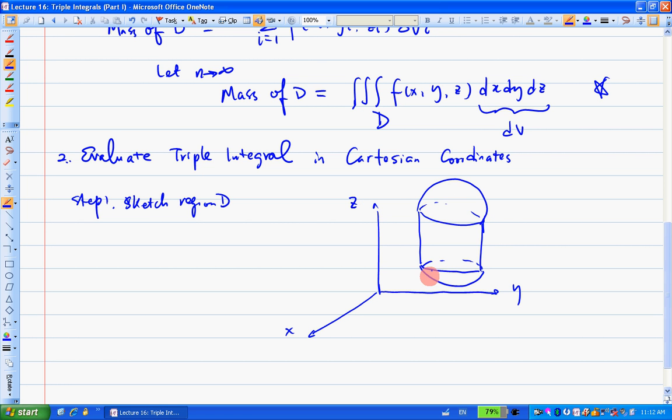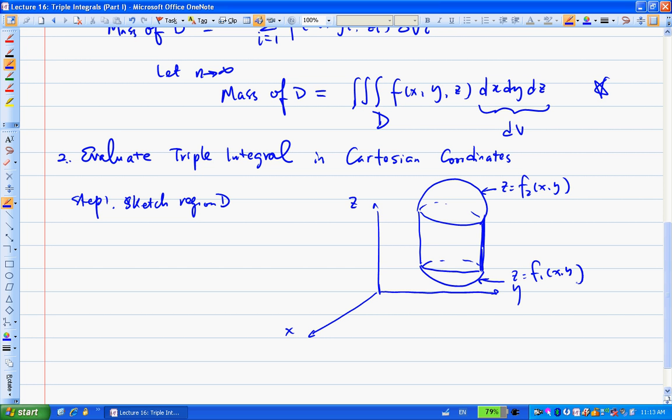This is just a simplified region D. It's not necessary that you always have regular sizes or vertical sides here. Now for this particular one, you can see that it's bounded by a surface at the top and bounded by a surface at the bottom. So let's say in this particular case, I have an upper bound surface, which I call z equals f2(x,y). And at the bottom, it's z equals f1(x,y).